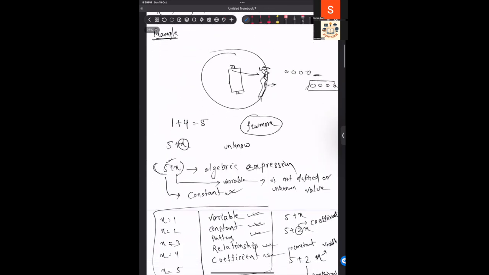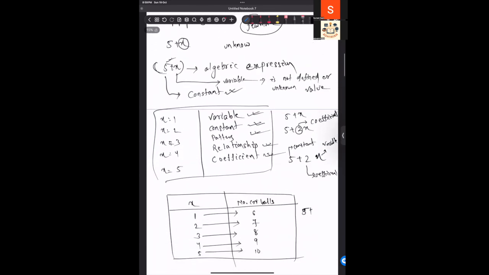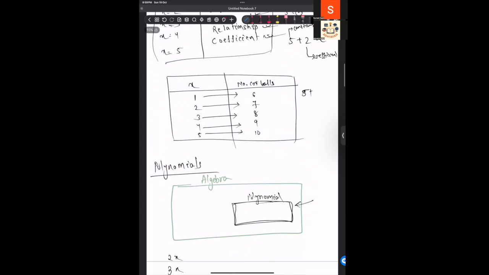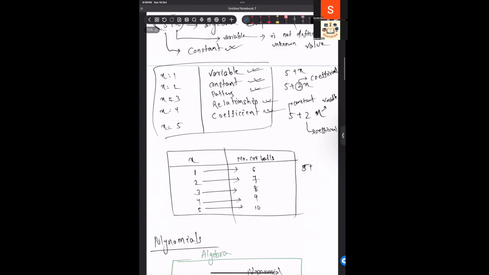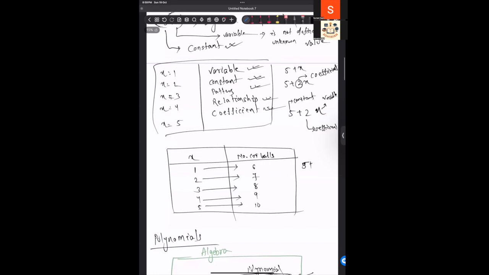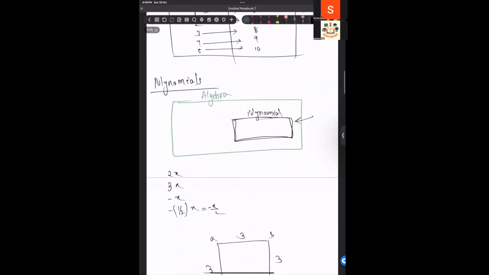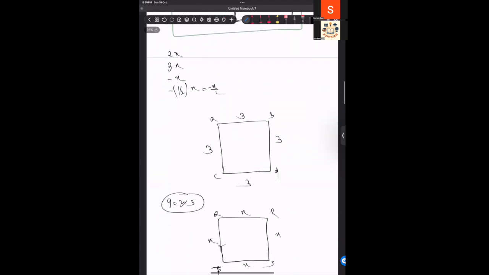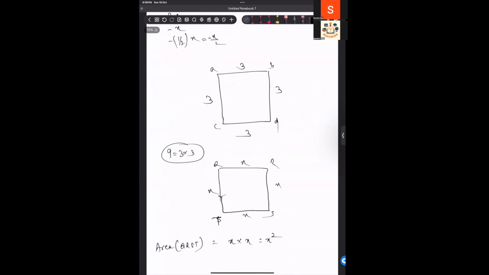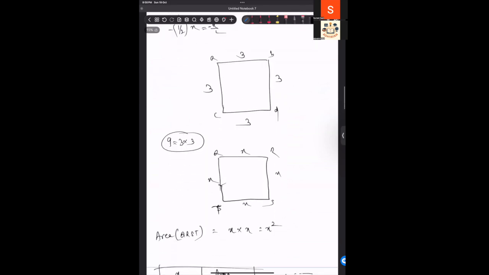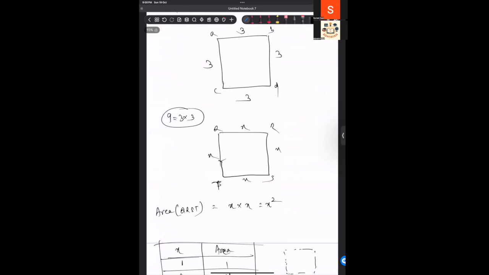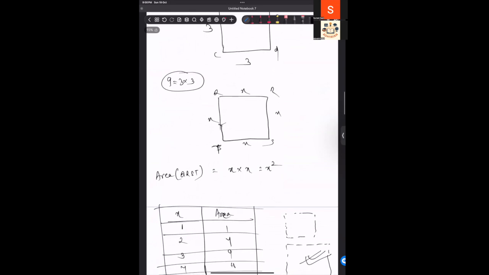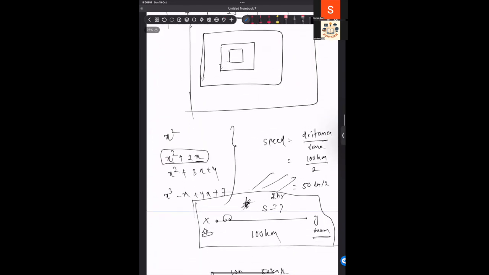First of all, we revamped the concept of variables: what are the various objects that you see in an algebraic expression, and how we represent variables in an algebraic expression. We went ahead and figured out that there is some kind of pattern and relationship that also exists in an algebraic expression. We understood polynomials as a part of algebra, how polynomials can be written, and we saw some examples of polynomials. We took the example of a square to understand how a polynomial helps us understand any particular system.